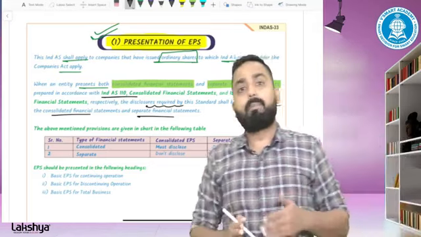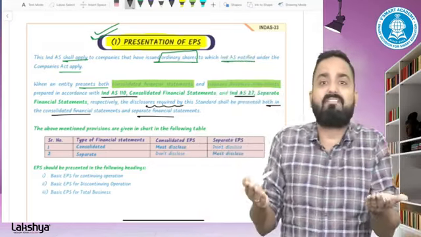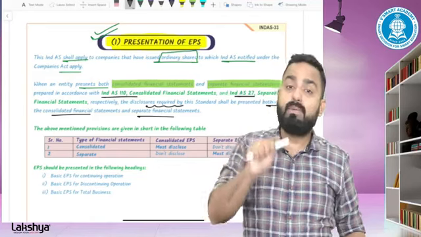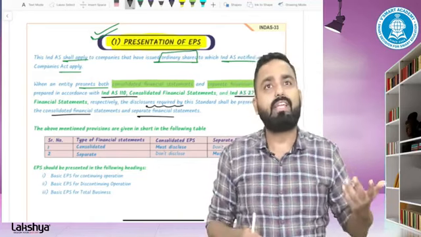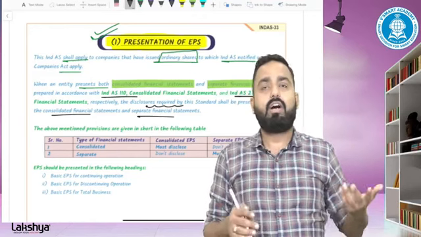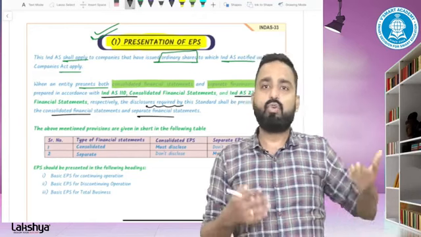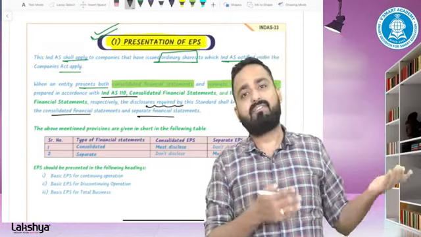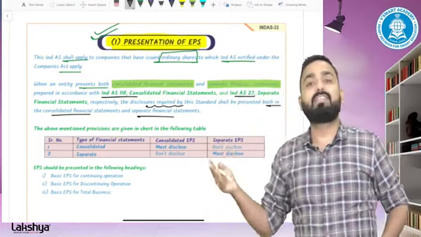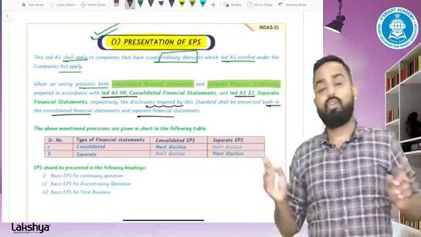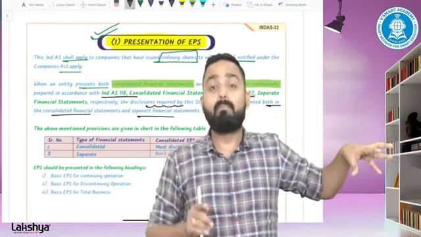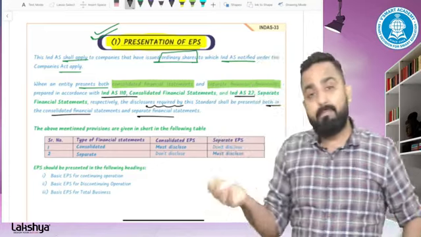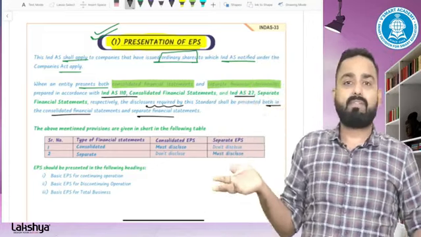So if you are preparing SFS as well as CFS, you have to disclose the EPS in both. You can't say that I have already disclosed the EPS in CFS, so why should I disclose the EPS in SFS? No, not like that, because EPS under CFS may be different from EPS under SFS.